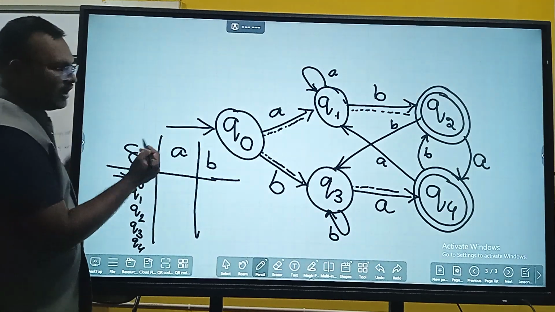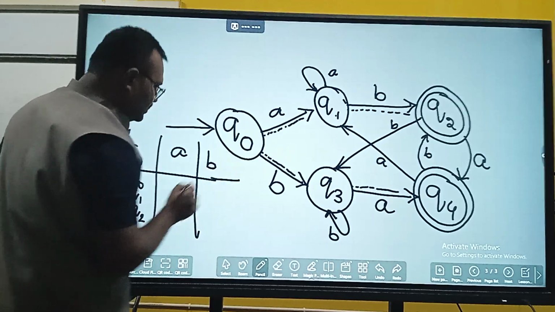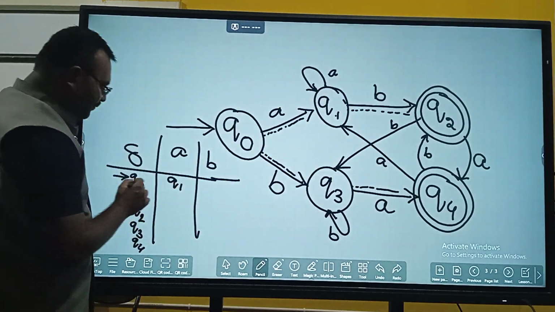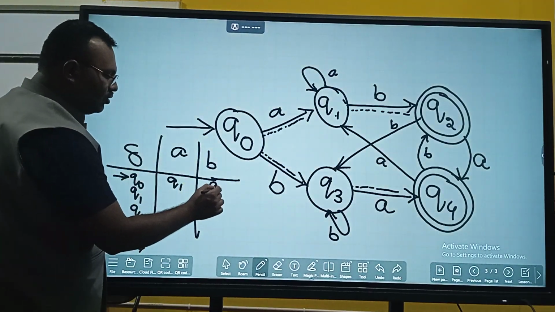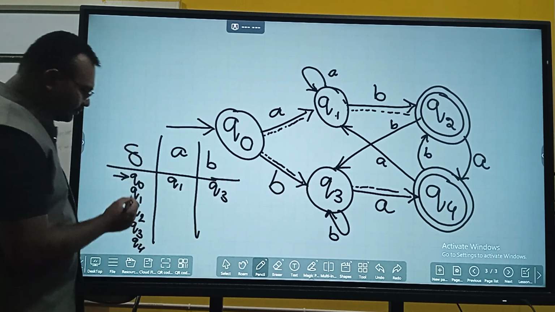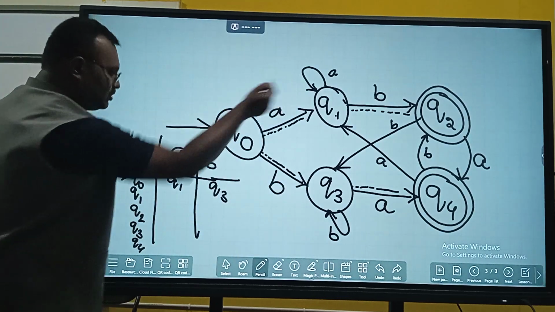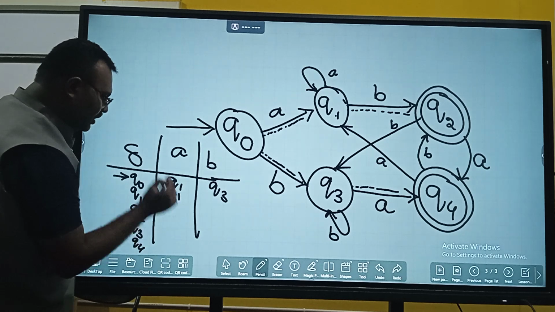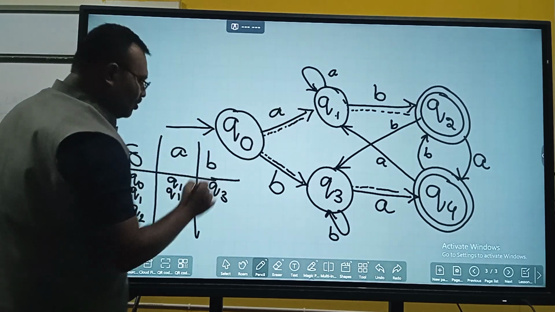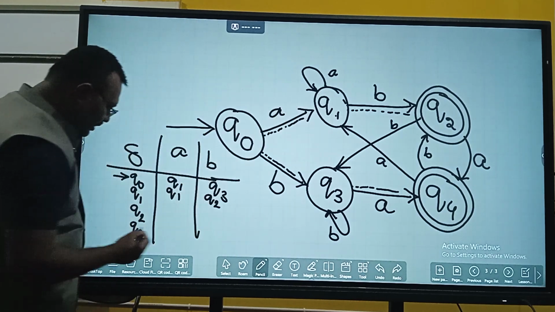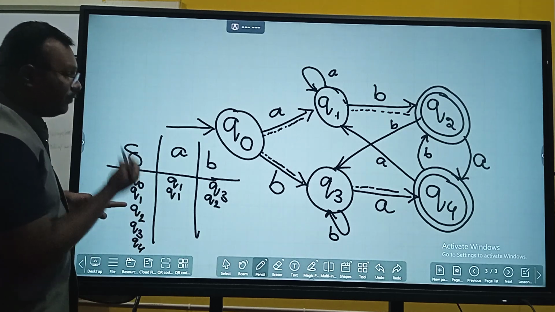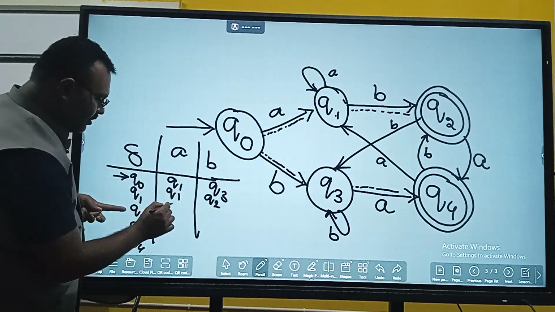So Q0 on A, where it is going? Q0 on A is going to Q1. Q0 on B is going to Q3. Q1 on A is going to self loop. So it will be Q1 only. Q1 on B is going to Q2. Right? Now, Q2 on A is going where?